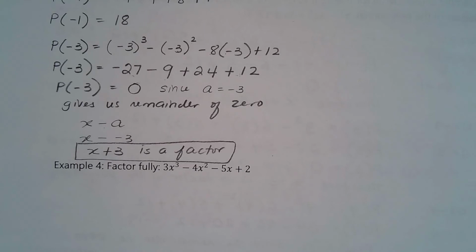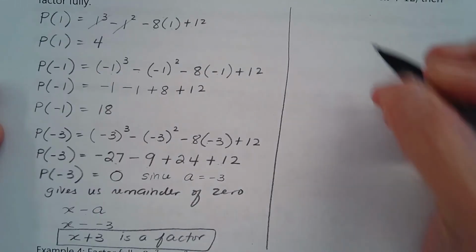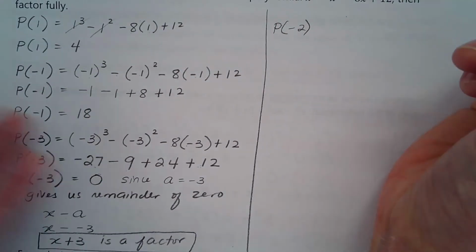What number did you try? Negative 2? Oh, positive 2, P of 2.